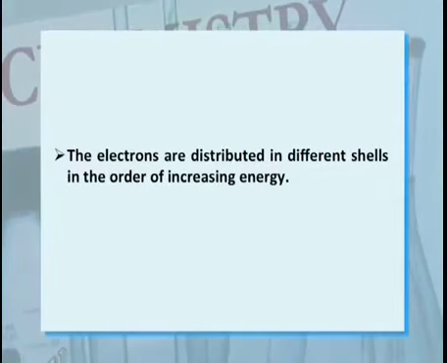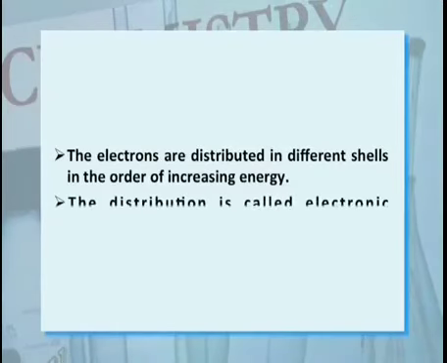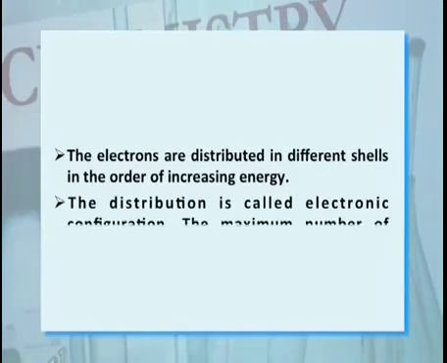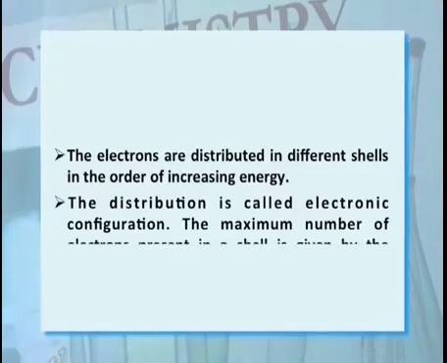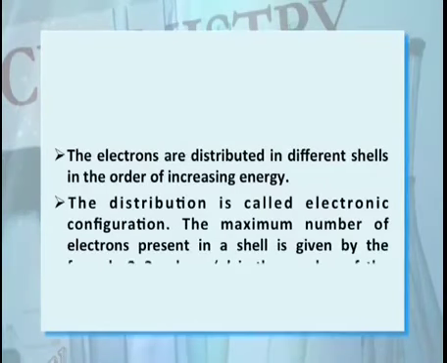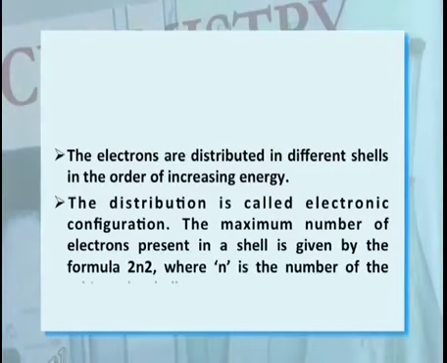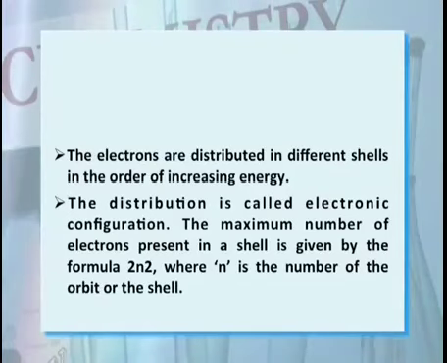That was Bohr's postulate. The distribution is called electronic configuration. The maximum number of electrons present in a cell is given by the formula 2n squared, where n is the number of the orbit or the cell.